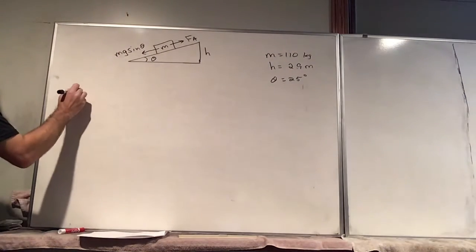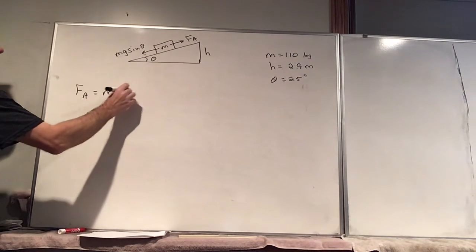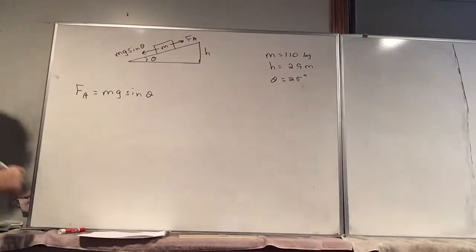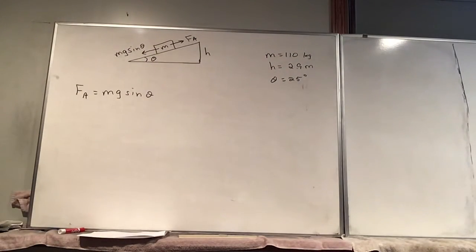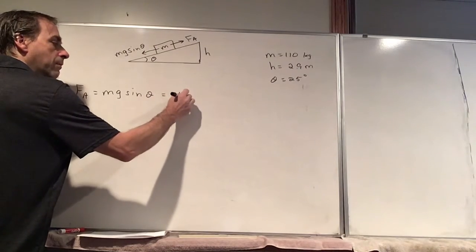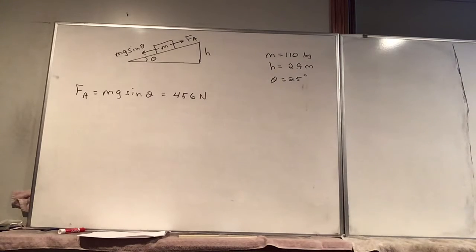So to lift it at a constant speed, we would just have to balance that component of gravity down the incline. We're not dealing with friction right now. So, that's it. If we plug in the numbers, this is about 456 newtons. Okay, so that's part A.